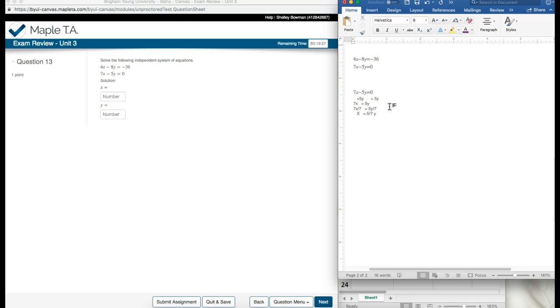And I'm going to take this and then substitute it into the other equation. Make sure that you don't substitute it back into the same equation you've just solved for, or you're going to get like y equals y, x equals x. Now that's okay if you are using the other equation. If you get a true statement using both equations, like 0 equals 0 or 1 equals 1, then that just means you have a dependent system.